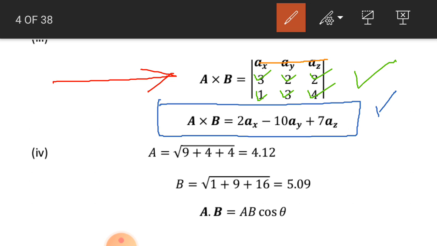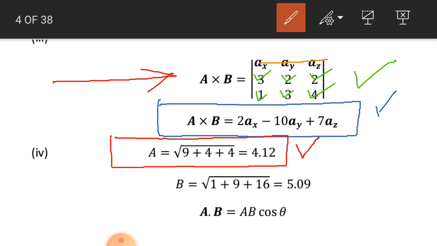We calculate the magnitude of vector A. So the magnitude of vector A will be equal to under root square of the x component, which is 9, plus square of the y component, which is 4, plus square of the z component, which is 4 as well. So the magnitude of vector A turns out to be 4.12.